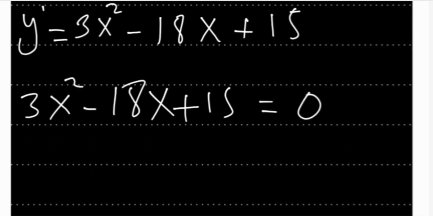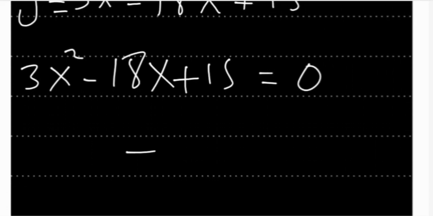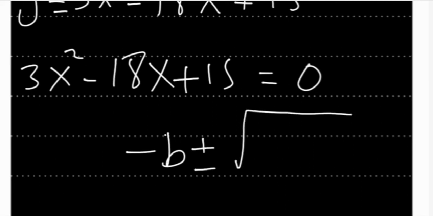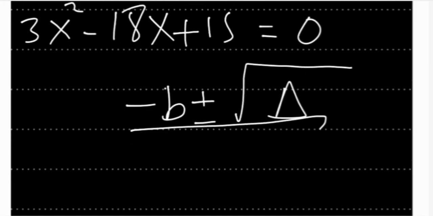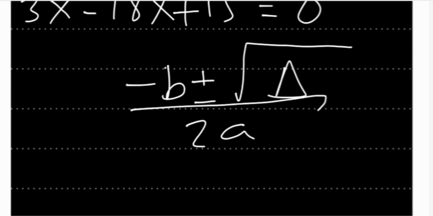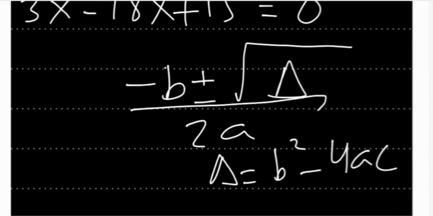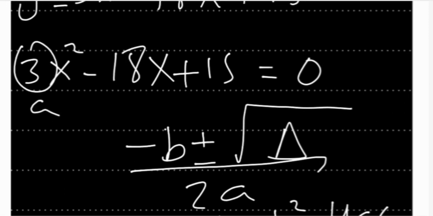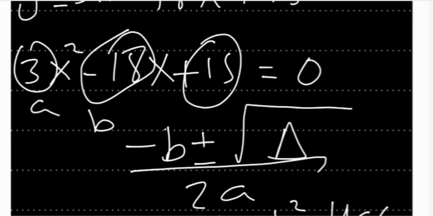So now let's solve this with the quadratic formula. Remember, minus b plus or minus square root of delta divided by 2a, with delta equal to b squared minus 4ac. This is a, this is b with the negative, and this is c.